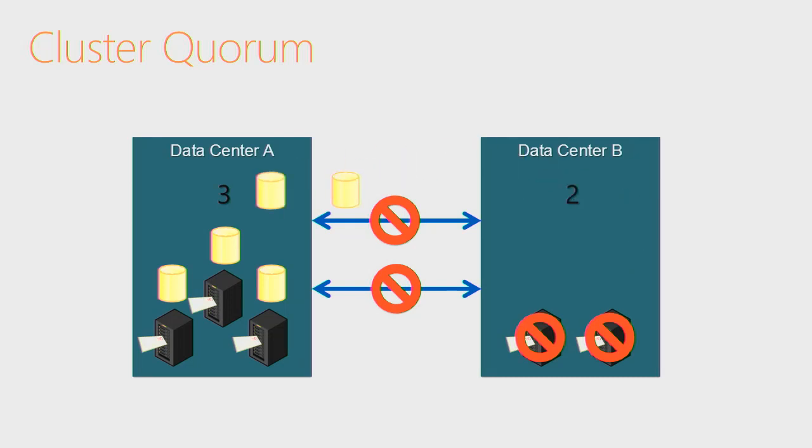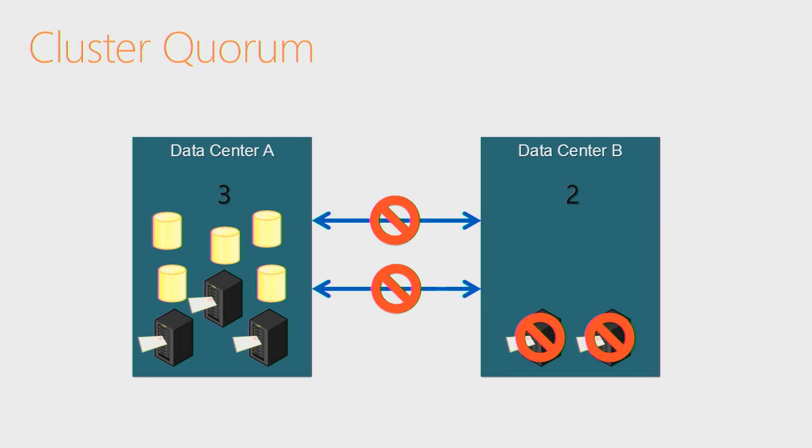And again, the problem we run into here, though, is can we sustain any further failure at this point? No, right? If any of these nodes were to go down for any reason, all databases would dismount. There'd be a complete loss of quorum across the entire cluster. And that can be a problem sometimes, right? Especially when you're dealing with links that you may or may not have control over.